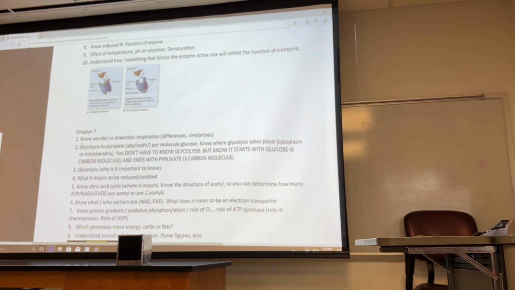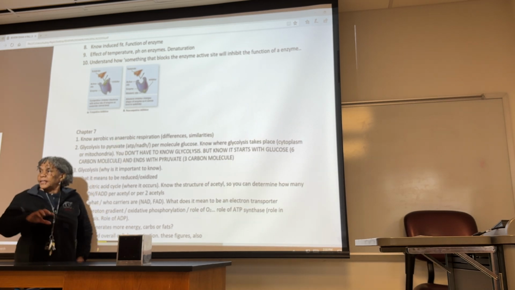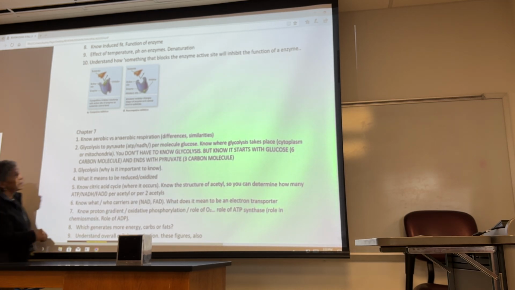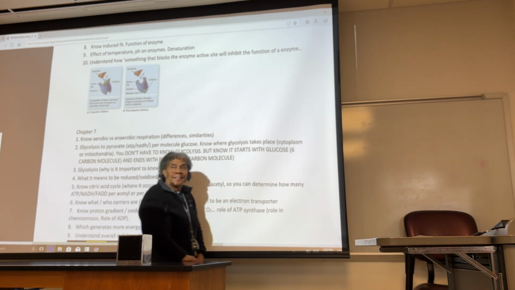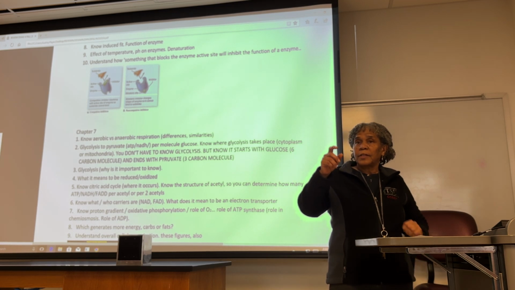So a cofactor could function like that little green thing right there, bonding to it so that it moves the shape just a little bit, to a tighter shape, a tighter interaction. I don't have to go through inhibitors again, because there are molecules that will inhibit and there are molecules that will help.